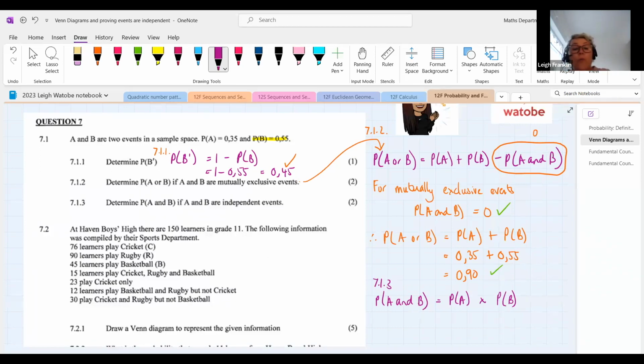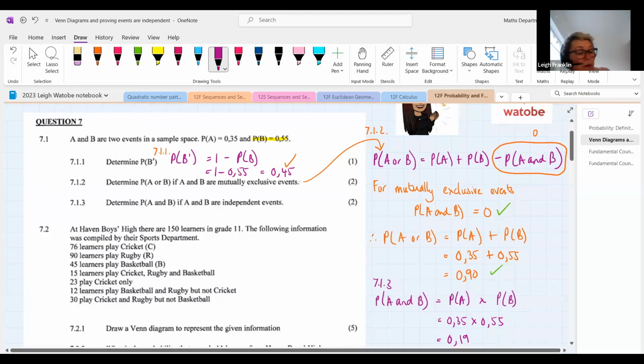So, and again, we know the probability of A and we know the probability of B. So we can go ahead and sub those in. And in this case, the probability of A and B, if these events are independent, would be 0.1925.